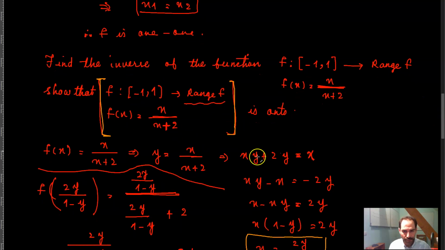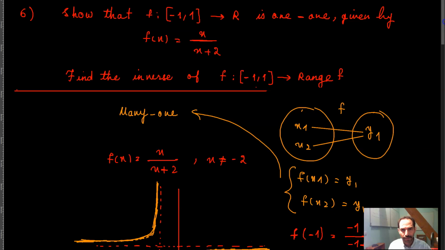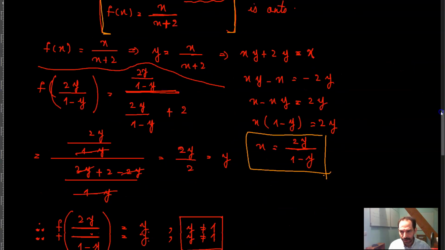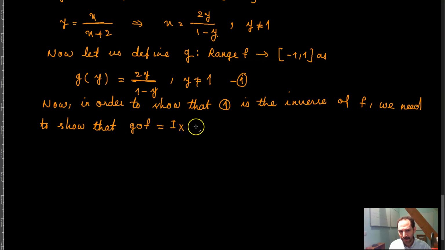Now I know that my notation here is a little bit messy, but I'm showing you what I exactly mean, so I hope you don't get confused, because this function up here is also f. But what I mean by f right now is this function here, right? So now in order to show that g is the inverse of f, we need to show that g of f is equal to I of x.